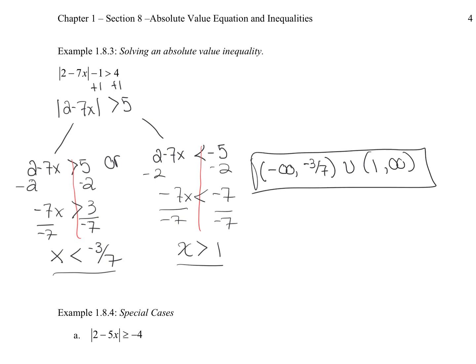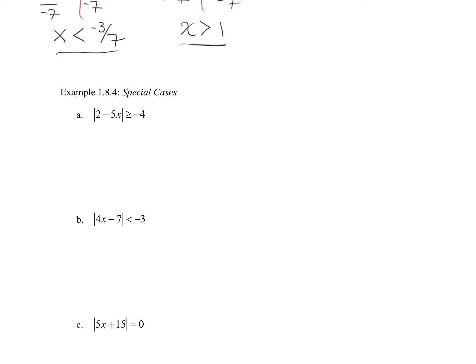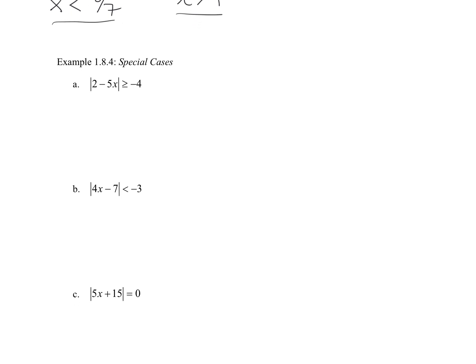So let's do these bottom few examples of special cases. And these special cases just need you to take a second and step back and think a little bit logically for a second. So in letter A, it says this absolute value is greater than or equal to a negative 4. Well, absolute value is always positive. So a positive is greater than or equal to negative 4.